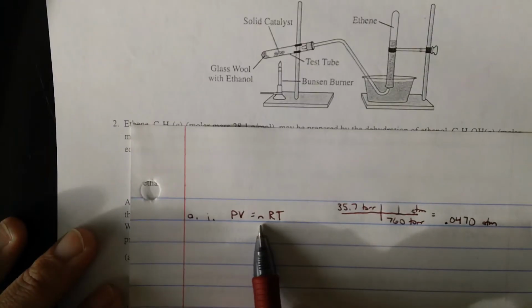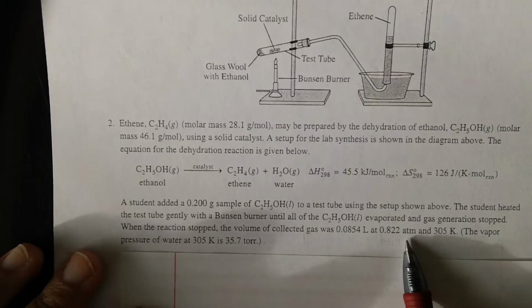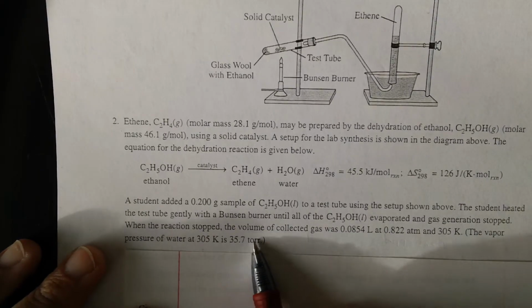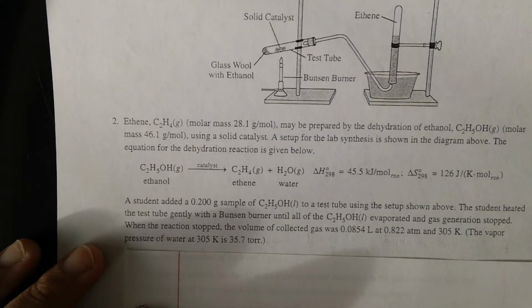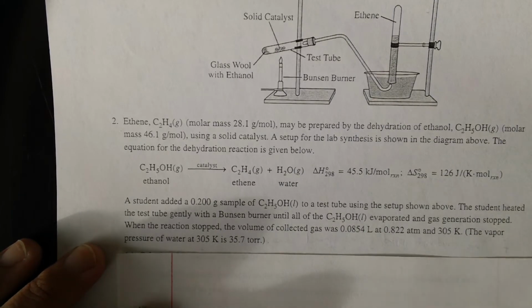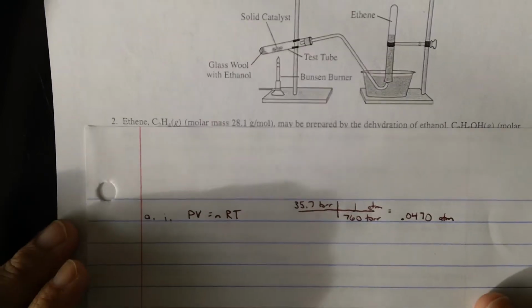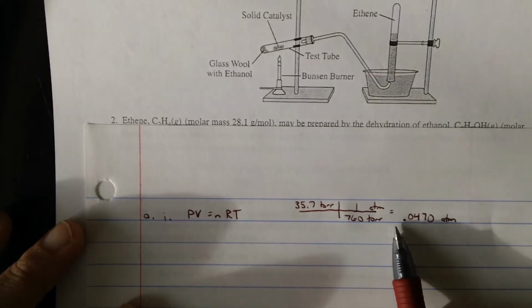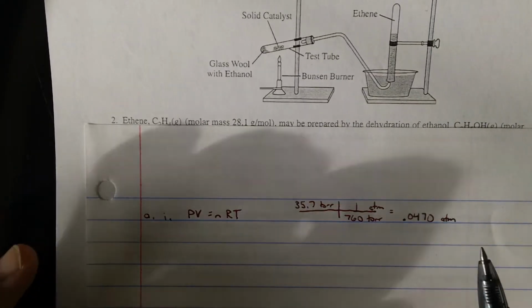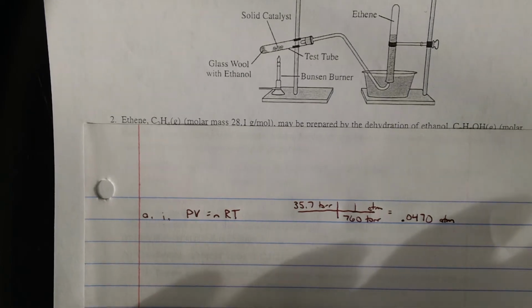We need just the moles of ethene, which means the pressure that's 0.822 atmospheres also contains some pressure of water, and so we've got to eliminate that. So we're going to take the 35.7 torr given as the pressure of water, and turn that into atmospheres. That's what we did here. So 0.047 atmospheres is pressure from the water vapor.